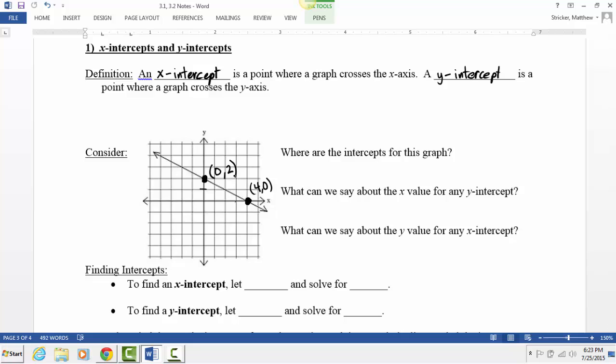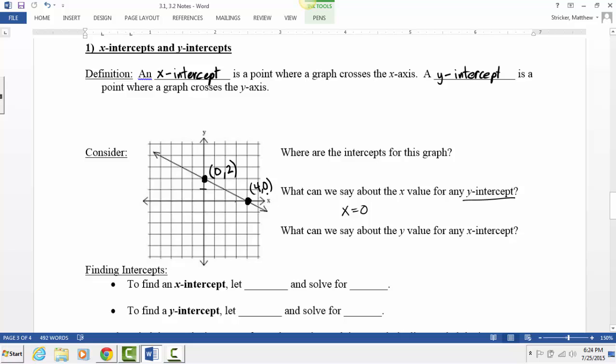Okay, so if I look at the y-intercept, that's right here, what can we say about the x value of the y-intercept? The x value equals 0. In fact, any point that's along the y-axis, since it's right here in the middle of the x-axis, x always equals 0. And likewise, what can we say about the y value of the x-intercept?